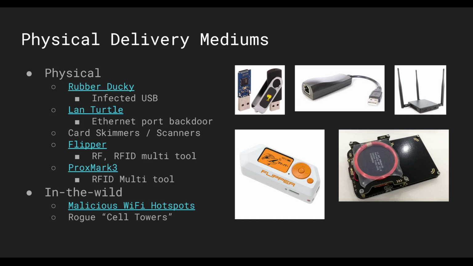So the rubber ducky, if you don't know what it is, it's basically a USB that's had its firmware redone so that when you plug it into a computer, the computer thinks it's a wireless keyboard or something like that. Your computer's not like, should I trust this device? It just automatically trusts it because it says it's a keyboard, right? Well, hackers went ahead and were like, I'm going to take advantage of that, and they made the rubber ducky.